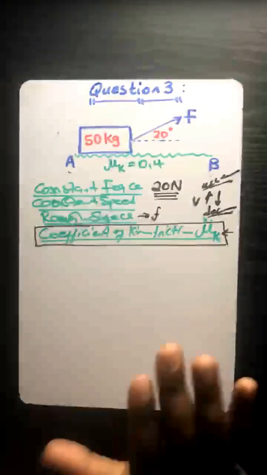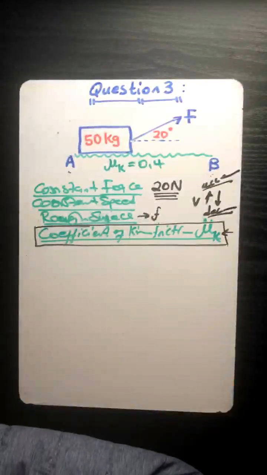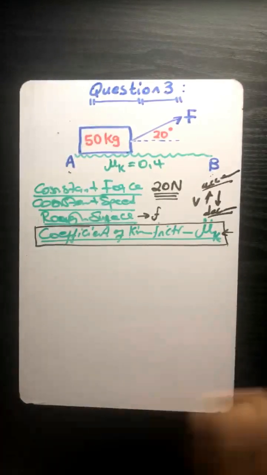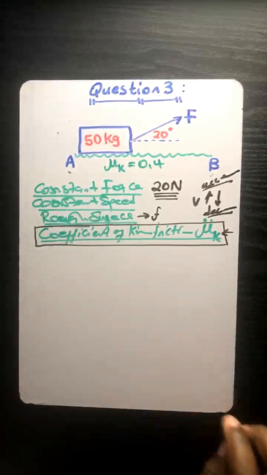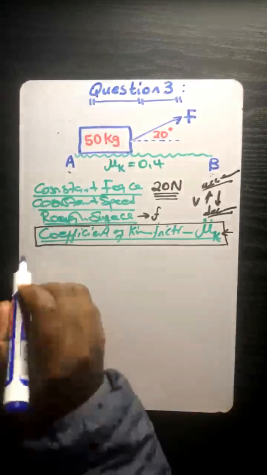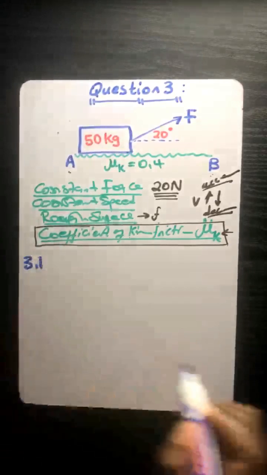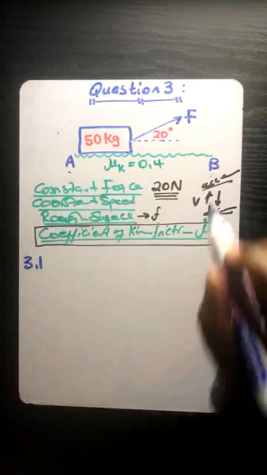I think very quickly, let's try to have a look at the first question and see what happens there. Maybe as we go deeper, that's when I will have much to talk about. Let's say 3.1, honorable members.